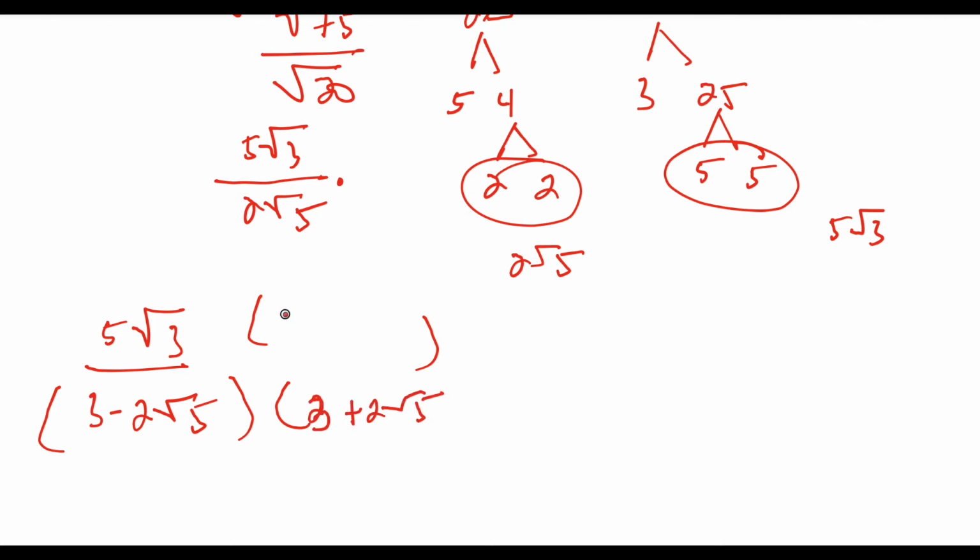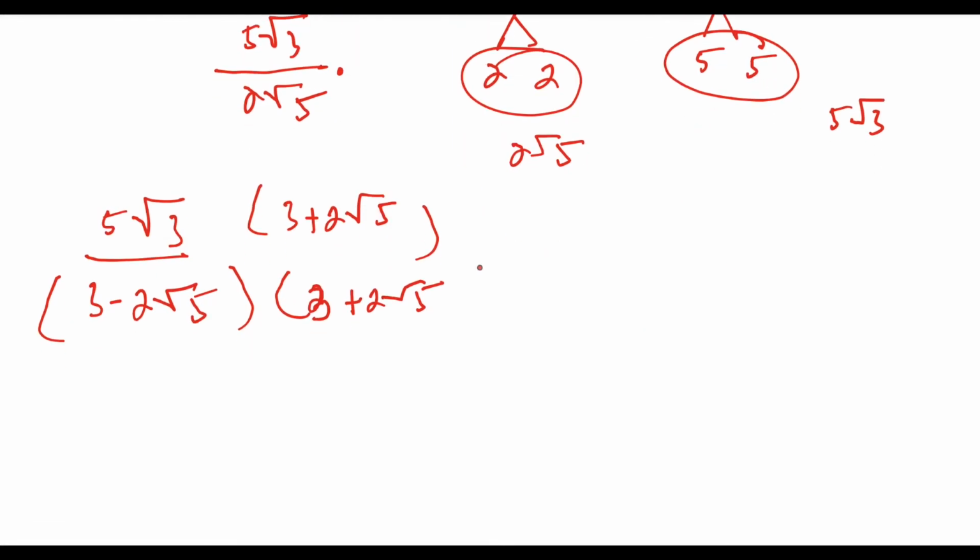And if you did that, you know what your bottom would become? Your bottom, you could FOIL it open. All right, so let me FOIL it open. So the first is 9. The outside is negative 6. What is the outside?